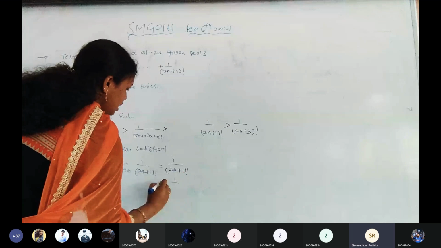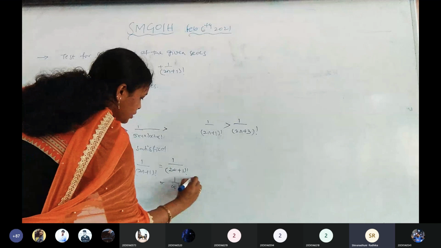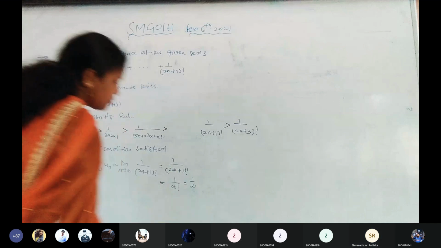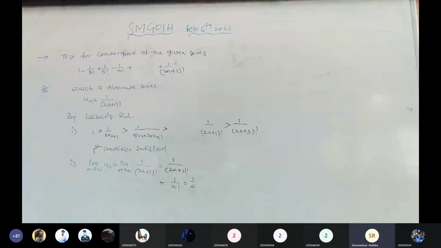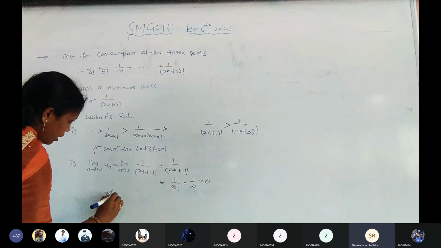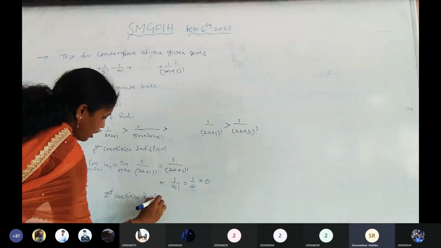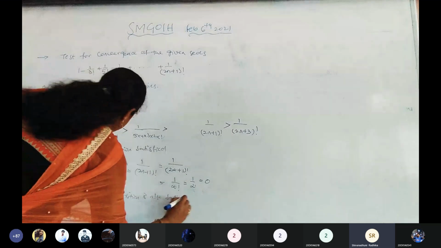So 2 into infinity is infinity, infinity plus 1 is infinity. Infinity factorial is what? Infinity. 1 by infinity equals what? 0. The second condition is also satisfied.